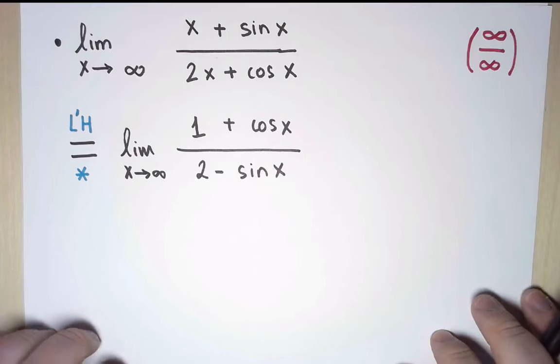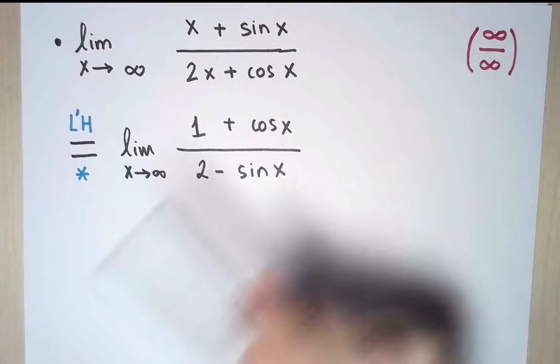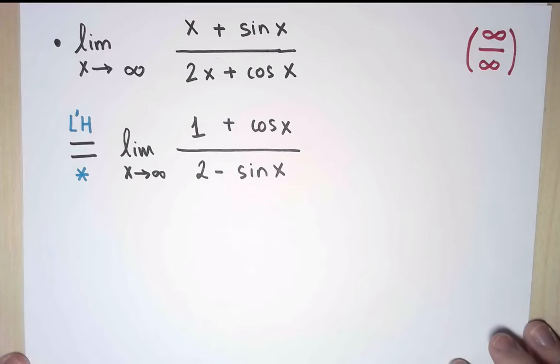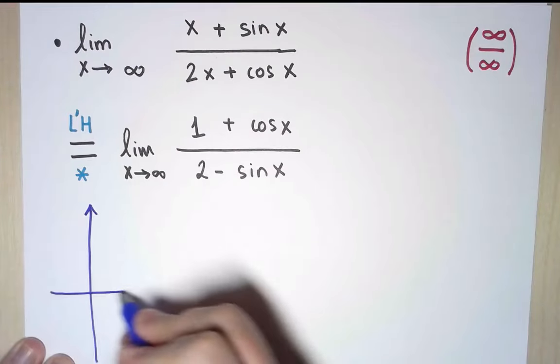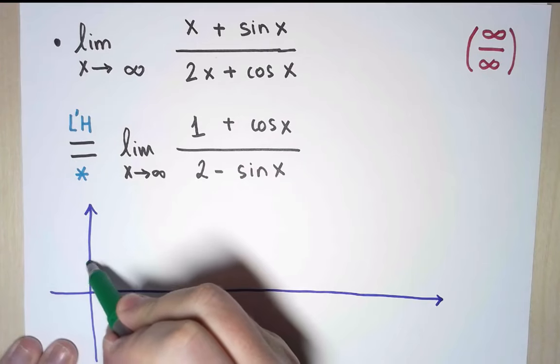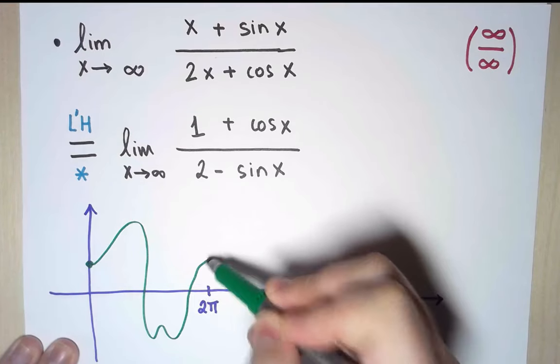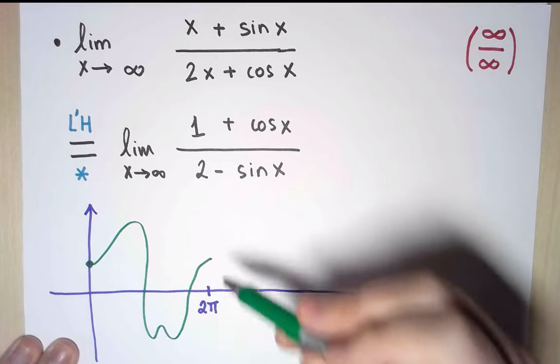And now, what's the limit of this new function? Well, I'm not sure, but notice that the function is periodic. It's a periodic function with period 2 pi. So if I look at the whole quotient, I don't know exactly what it is like, but it's periodic with period 2 pi. So for example, if the graph of the function, which I say is continuous, is something like, I'm making this up, like this, then it will continue repeating periodically.